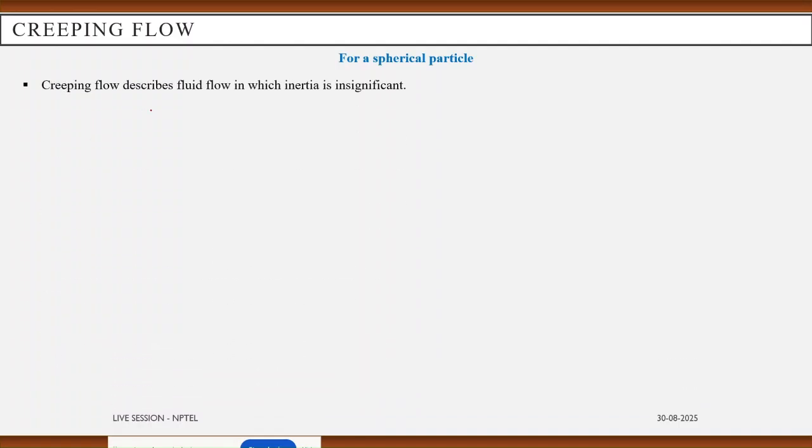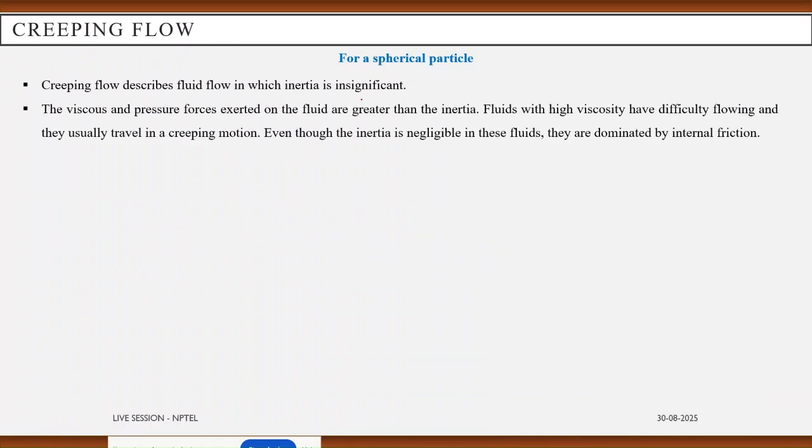This creeping flow describes the fluid flow in which the inertia is insignificant. The viscous and the pressure forces exerted on the fluid are greater than the inertia. So fluids with high viscosity have difficulty in flowing, and they usually travel in a creeping motion.